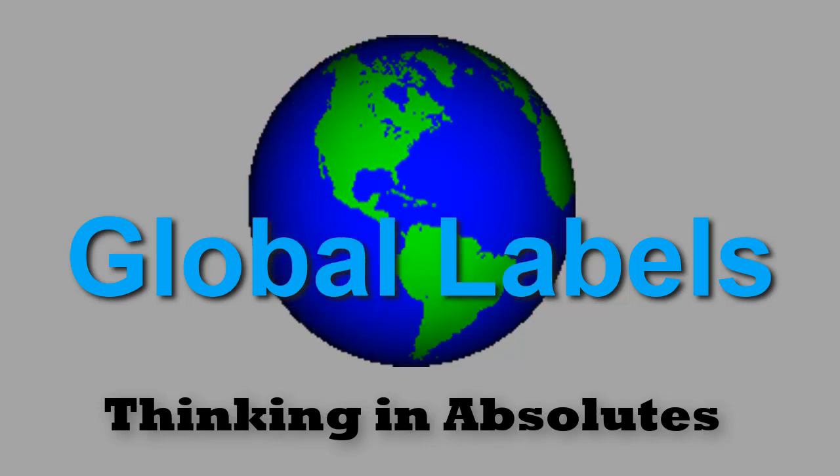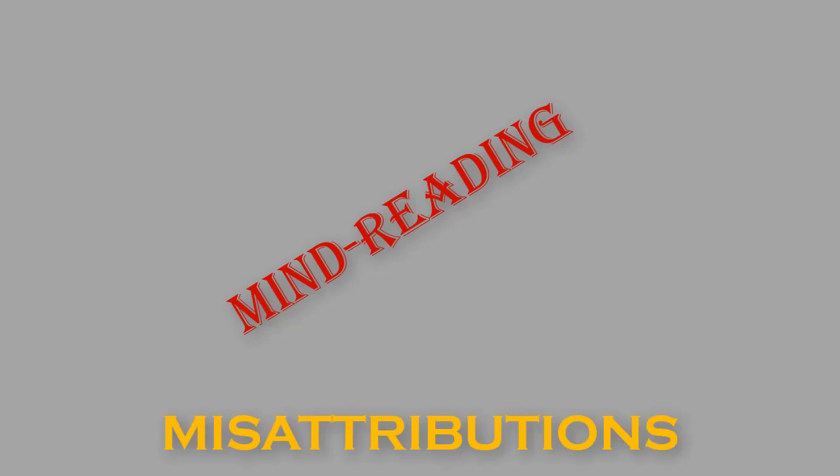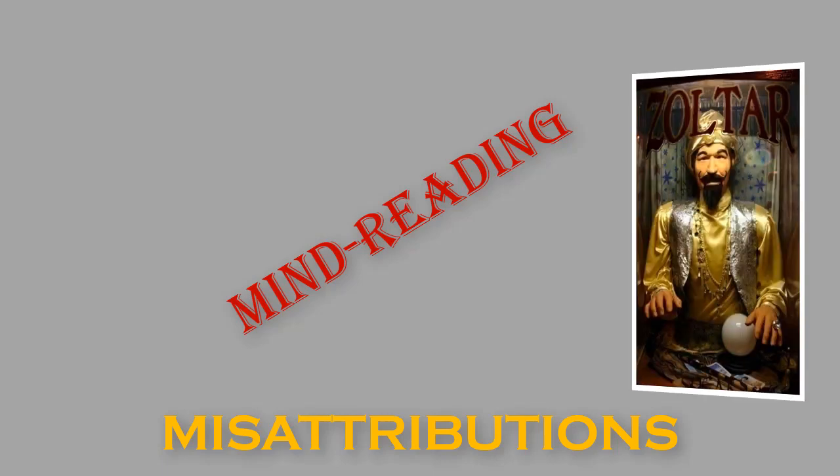Our next cognitive distortion is mind reading, also called misattributions. And this is where you assume that you know what someone else is thinking or feeling, and you jump to conclusions based on your interpretation of what you think somebody else is experiencing or feeling. You're mind reading. So they did it on purpose.